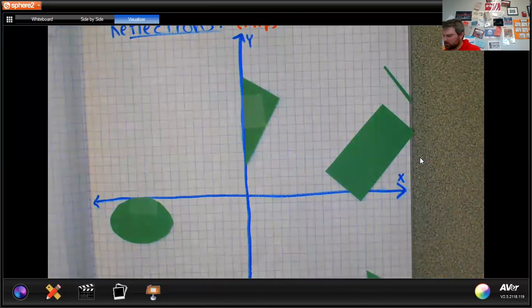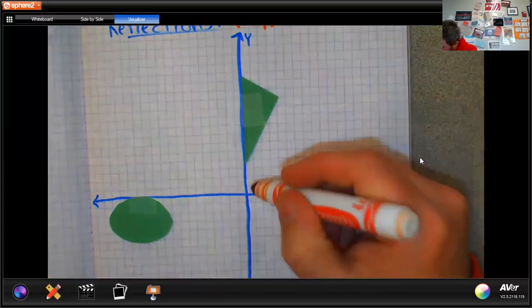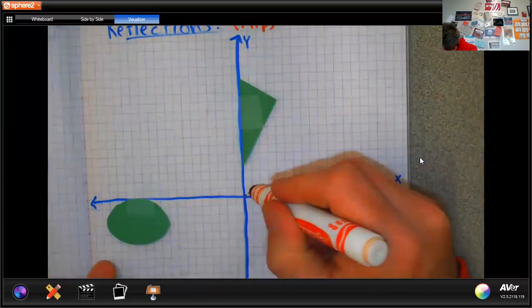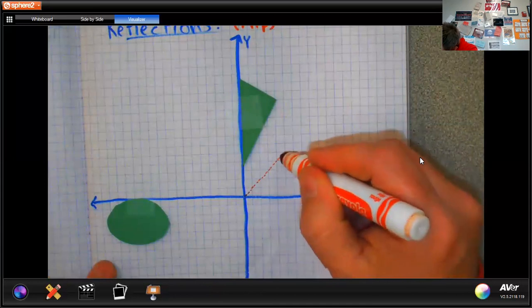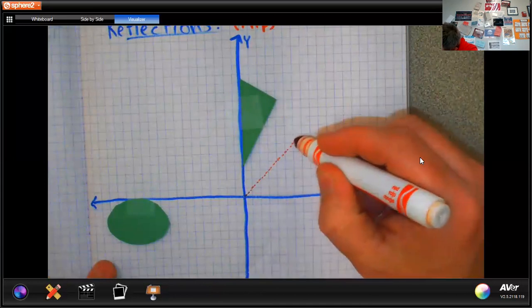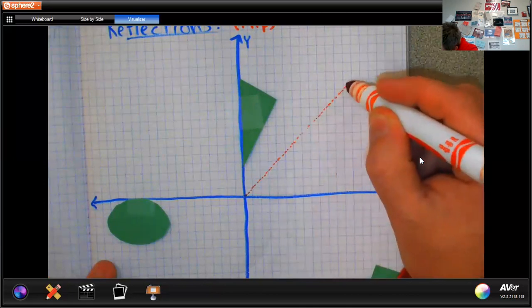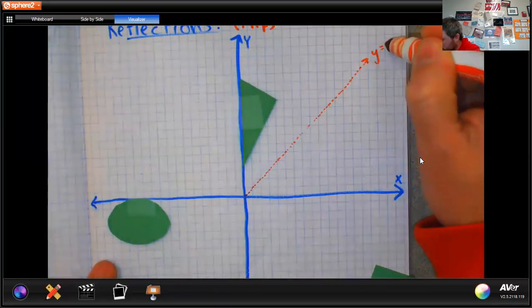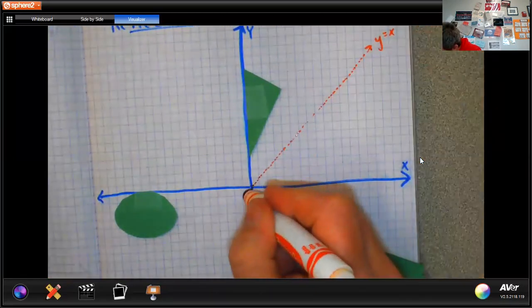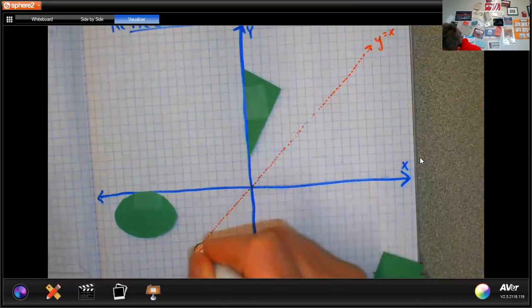The next thing we want to do, there are a couple lines that we want to add to this drawing. They're both diagonal lines that we are going to do reflections over. The first one is this one, and this line is y equals x. It kind of just goes diagonally through all these squares.